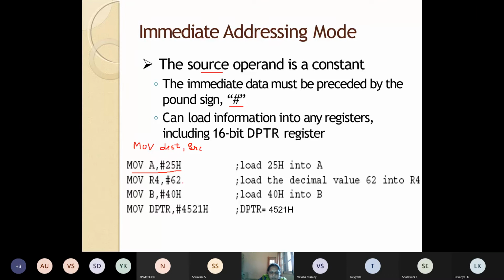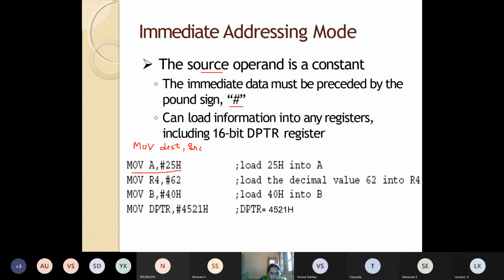Whenever I'm specifying decimal data, I need not give the H; without the H it is considered decimal data, but it is stored using the hexadecimal format.